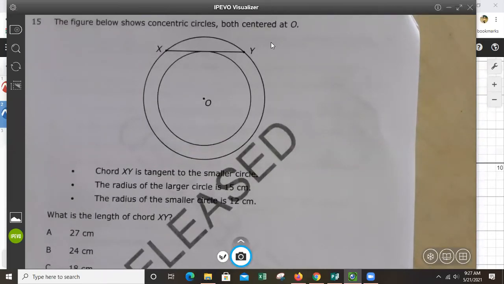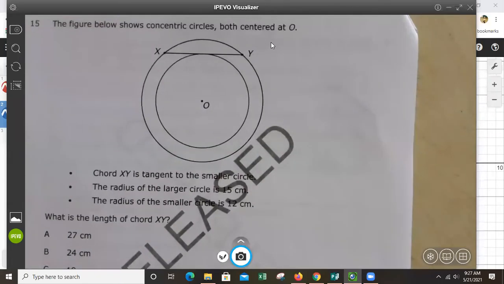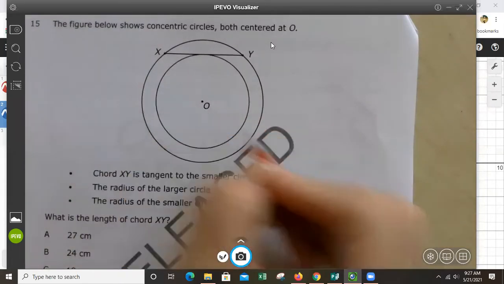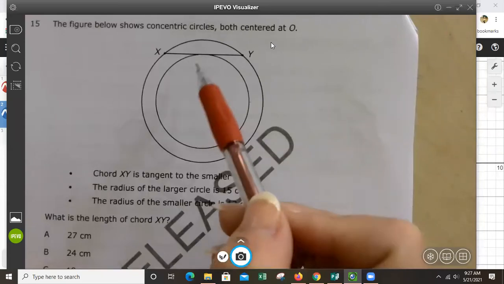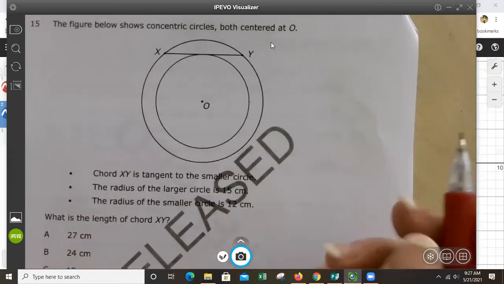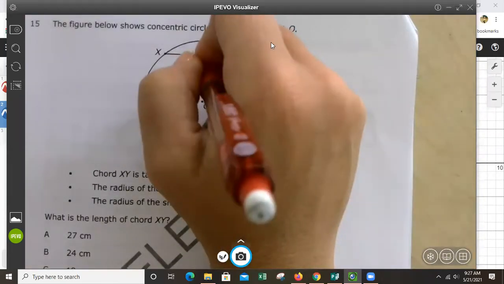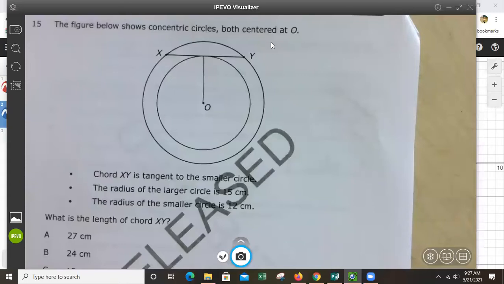The radius of the larger circle is 15 and the radius of the smaller circle is 12. So when you look at this and they give you that information, a lot of you will draw a radius here and then you'll draw a radius there, but they want you to use that tangent line. So let's start this way. That's a radius of the smaller circle, right? That tangent line is going to help us.